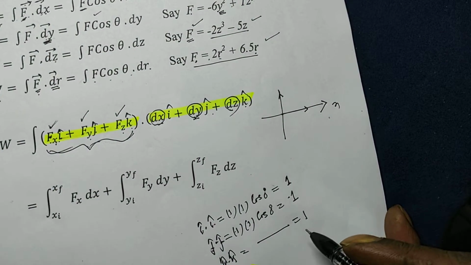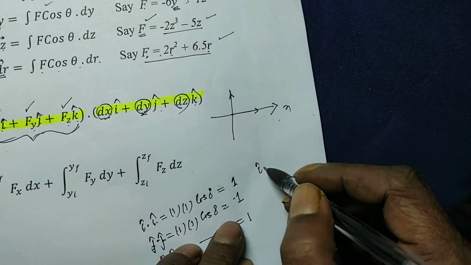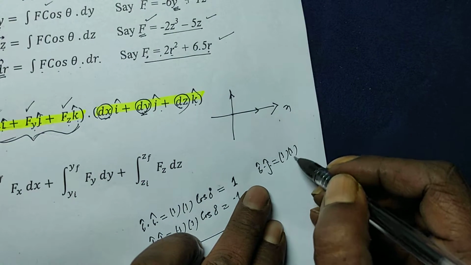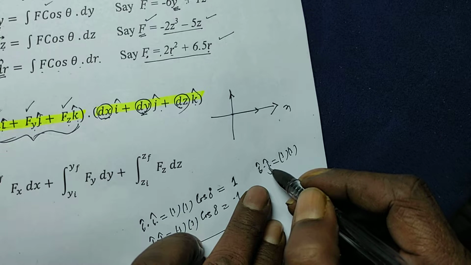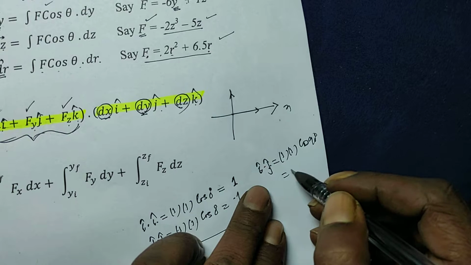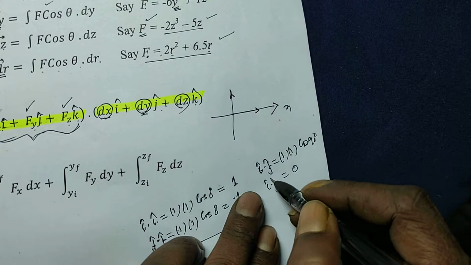Now, if you take I dot j, magnitude 1 and magnitude 1, one is along the x-axis and the other along the y-axis, cos 90 is 0, so this whole thing is 0.